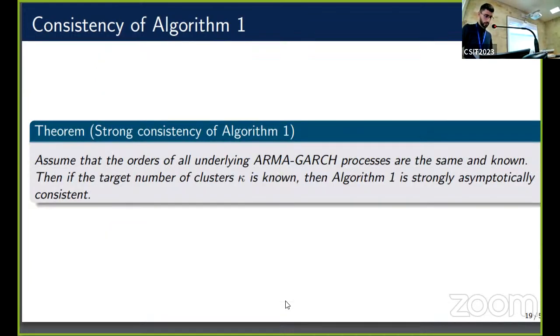For this algorithm, we have two results. If we assume that all underlying ARMA processes have the same orders, and we know that order, and the target number of clusters is known, then algorithm 1 is strongly asymptotically consistent.